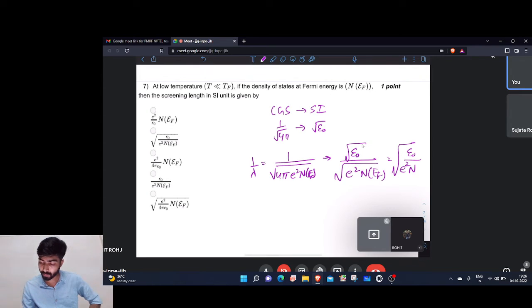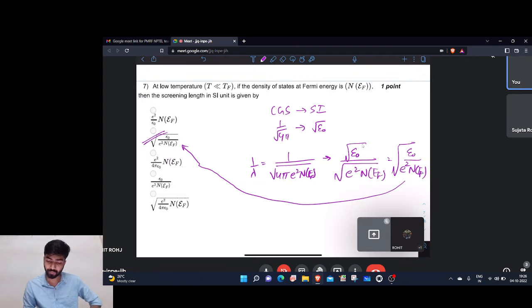So the correct option is option B, epsilon naught divided by e square n of EF. So screening length in SI units is given by the square root of epsilon naught divided by e square n of EF.